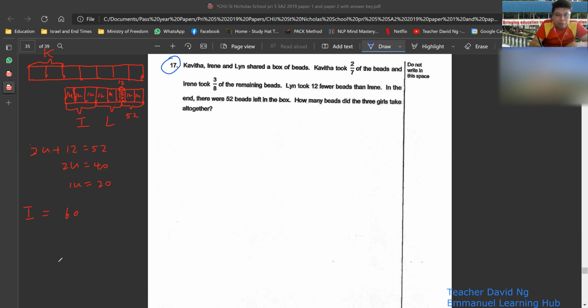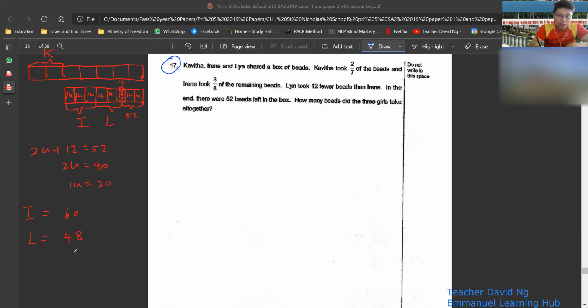Okay. Irene has 60 bits. Lynn has 48. Do you agree? Yes. Correct. 1 unit is 20, so 3 units is 60.